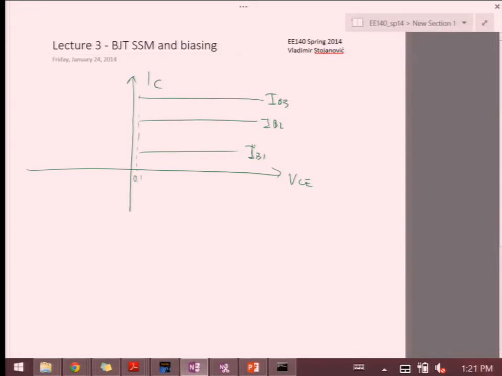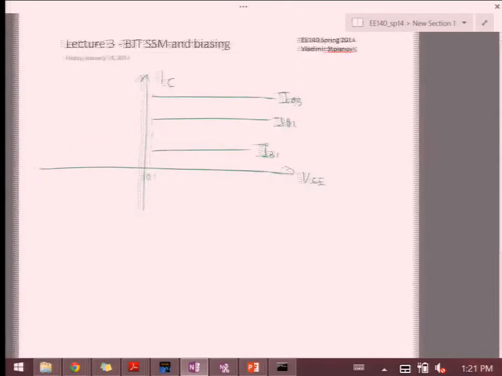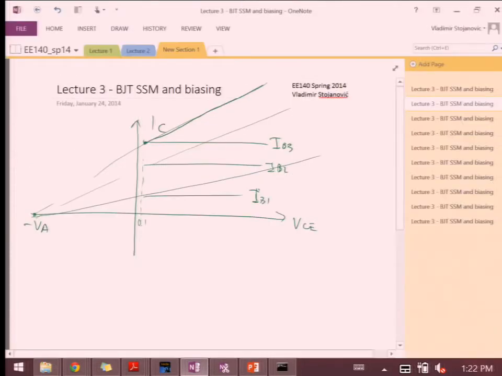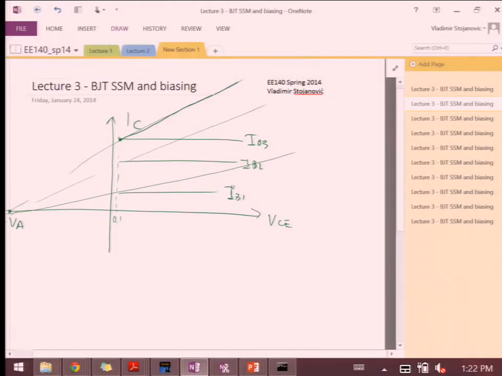But really, what is happening is that there is this intersection voltage, minus VA. So all these curves will really have to pass through that point. Okay. So your real IC is this one over here. So this is the real piece.